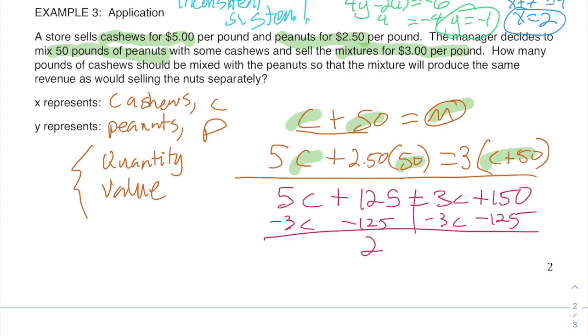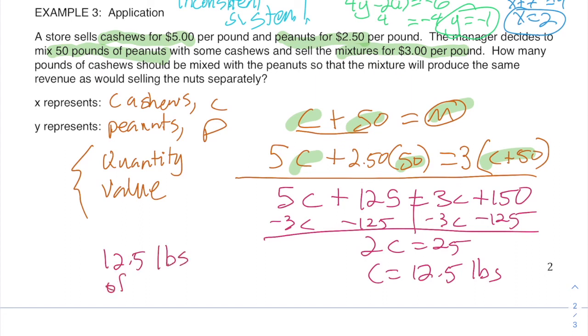I get 2C is equal to 25. C is equal to 12.5 pounds. So there's 12.5 pounds of cashews. And that's what they asked us to find.